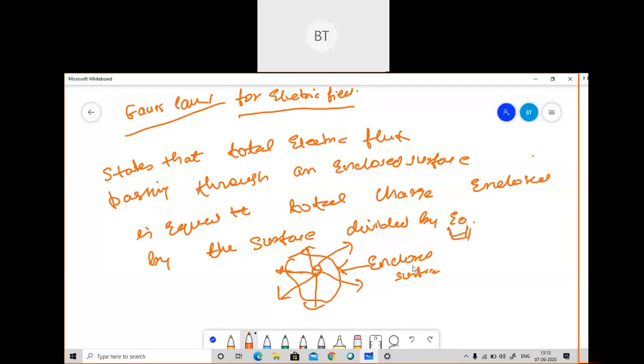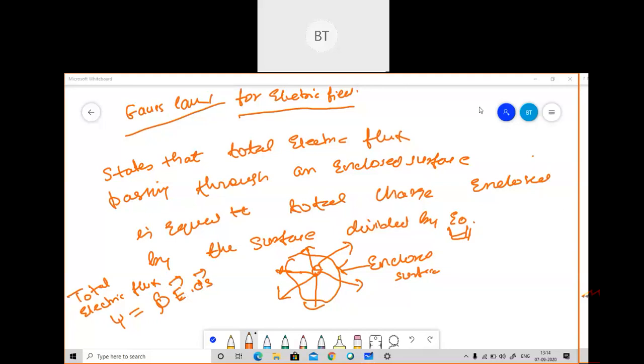If I needed to calculate the total electric flux, then epsilon naught times the total electric flux will be equal to the integration of E dot dS, the electric field over the surface, which we have calculated earlier.